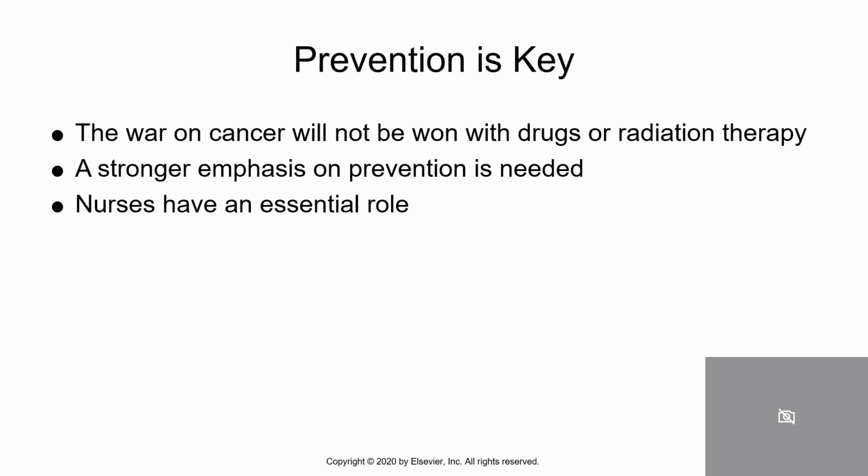Prevention is really the key when we talk about reducing the cases of cancer. We really need to emphasize health promotion and prevention with our patients and identify those potential patients who have risk factors and focus on educating them on things they can do to reduce those risks.